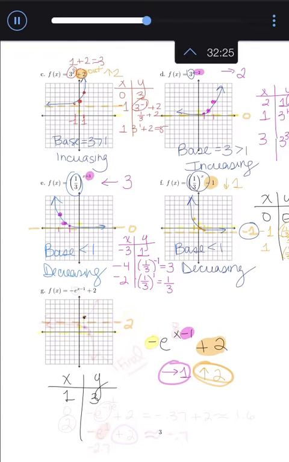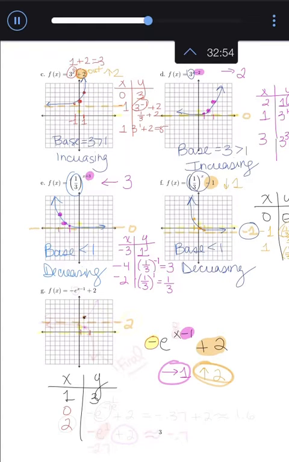Remember, I do want to find 1 point on either side, which means I'm going to want to plug in 0 on the left side of 1 and 2 on the right side of 1 and see what happens there. But first of all, I do have to take care of this negative sign before I do that. What will the negative sign do? The negative sign is actually going to flip us upside down.